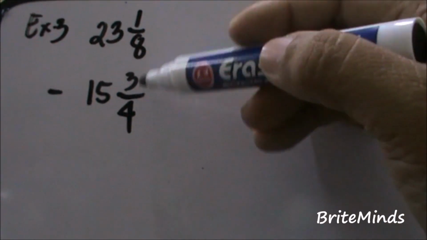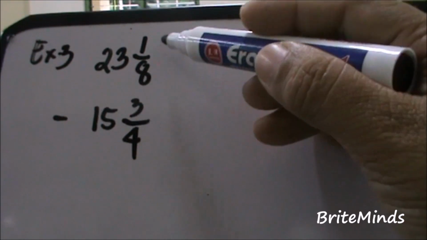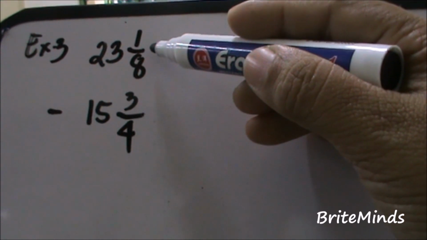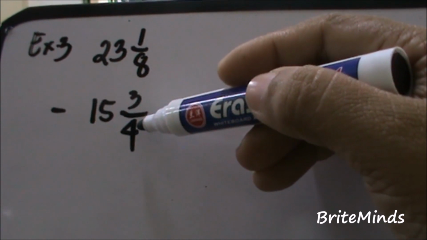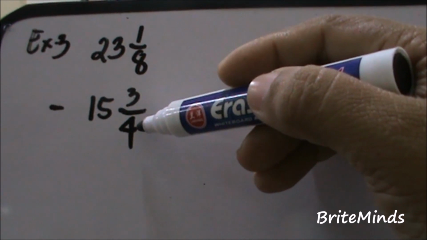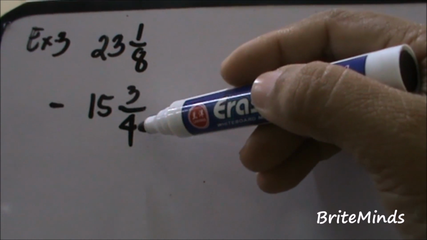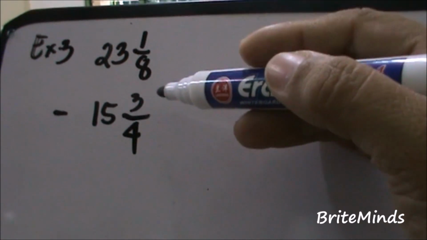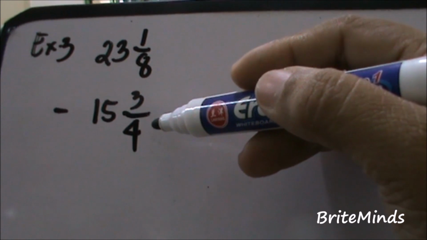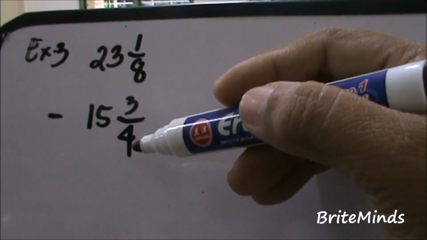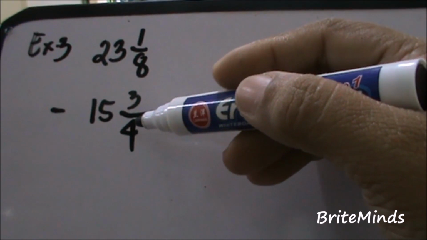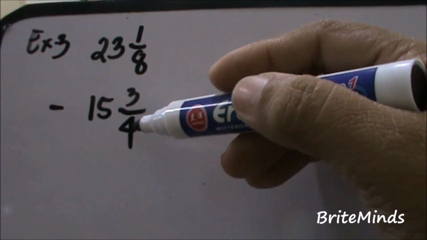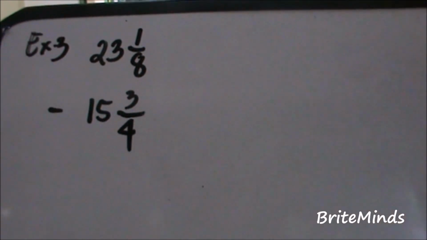And then we have observed that the fractional part of the minuend is lesser than the fractional part of the subtrahend. And these two fractions are dissimilar fractions, so we cannot proceed to subtraction. So first thing we need to do is convert them into similar fractions.